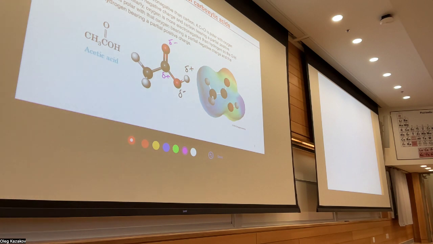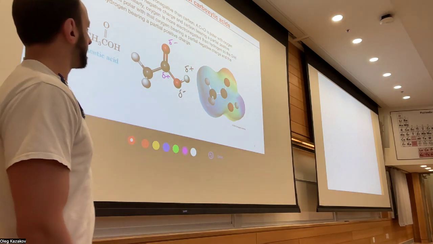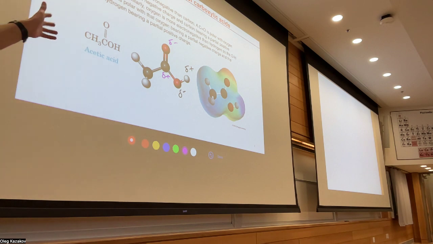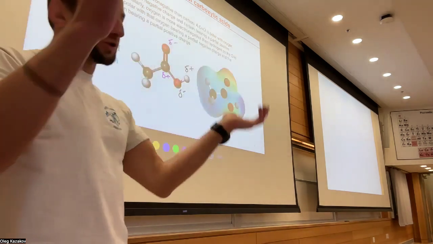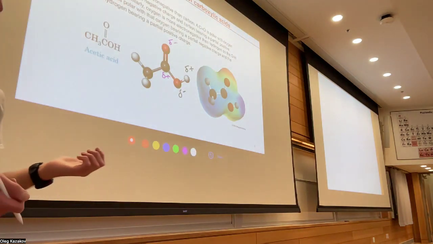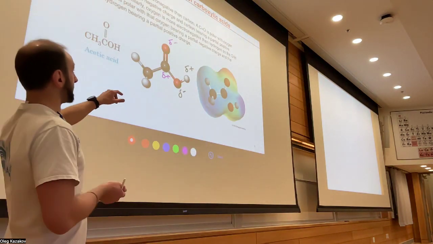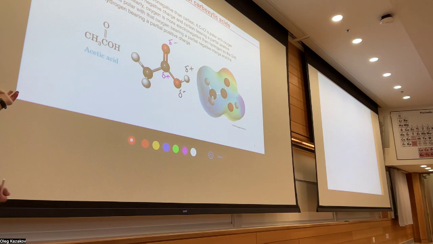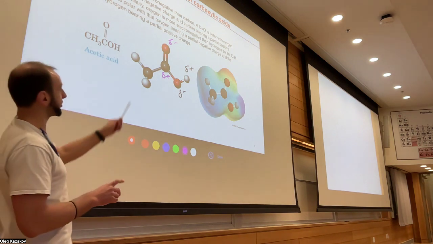Basically, the green and red colors are shown to signify the concentration of those partial negative charges, so they will be color coded. But for now, we need to think about the differences in electronegativities between carbon and oxygen, and then between the oxygen and hydrogen.